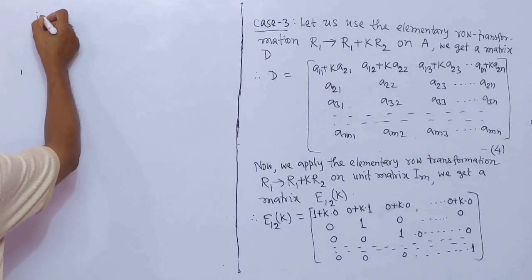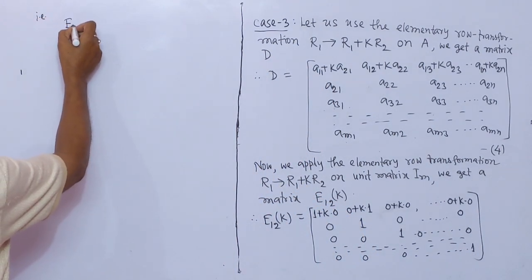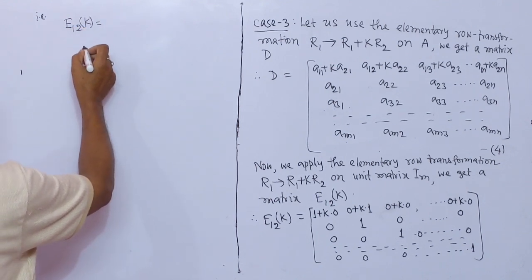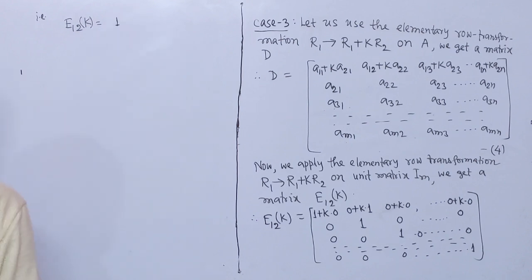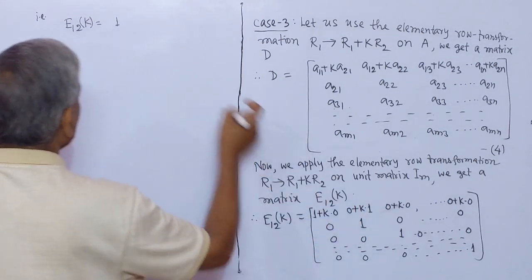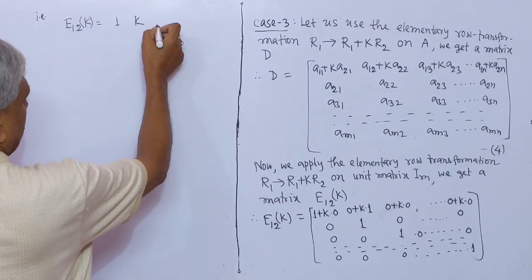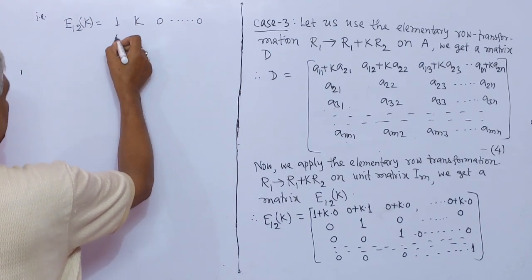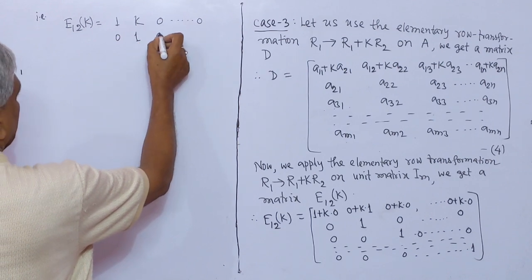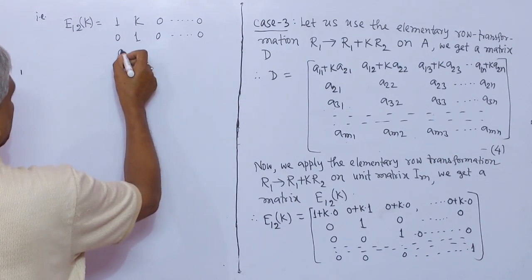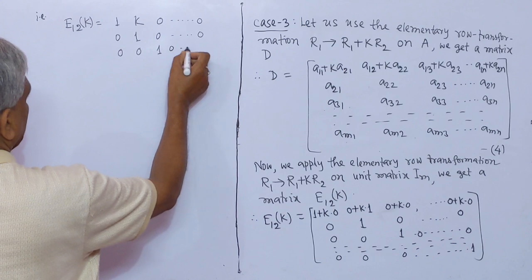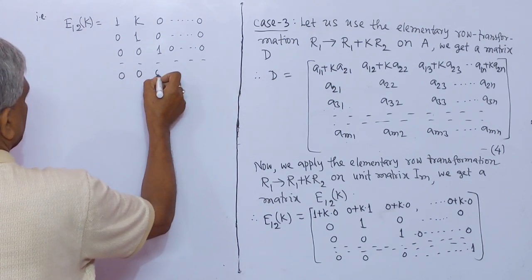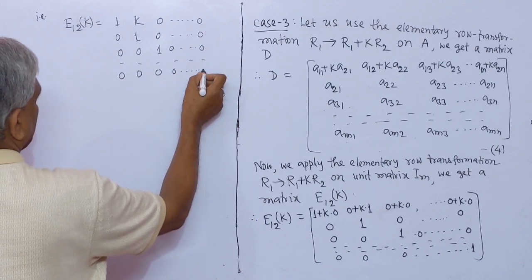That is E12(K) equal to here 1, here K, here 0, dot 0, 0, 1, 0, dot 0, 0, 0, 1, 0, dot 0, 0, 0, 0, dot 1.